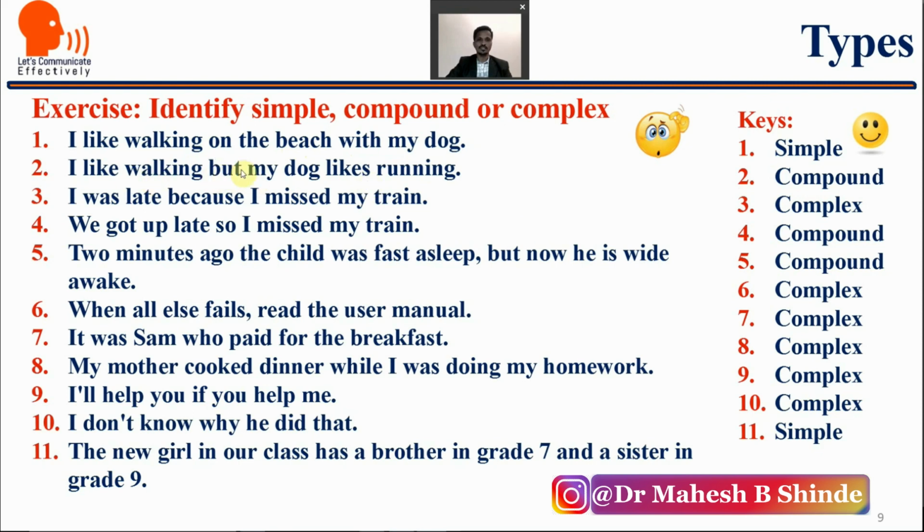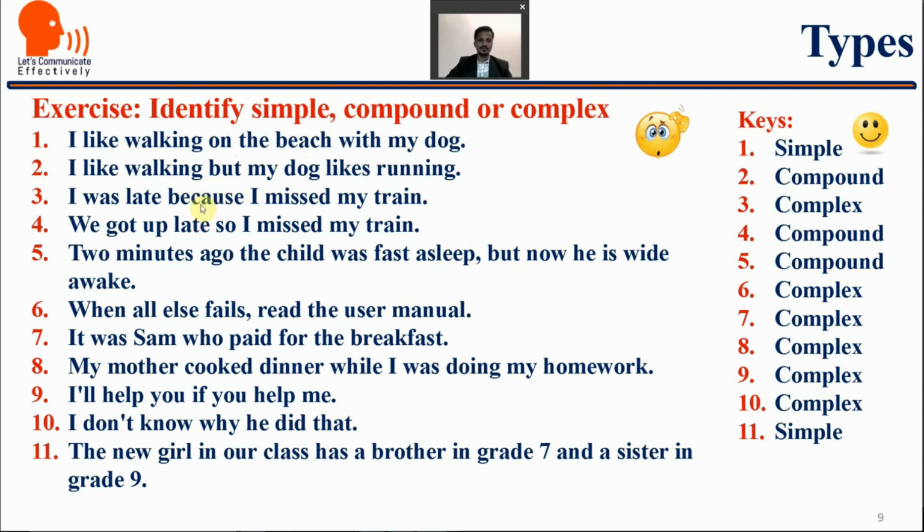I like walking but my dog likes running, because it is connected with but. Third is complex because it is connected with the conjunction because. Fourth is compound because so is used. Same for fifth, because but is used here. Two independent clauses. 2 minutes ago the child was fast asleep and now he is wide awake.